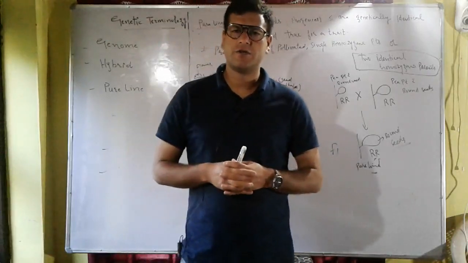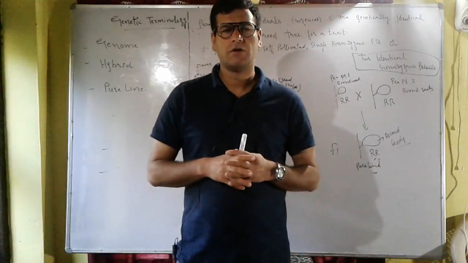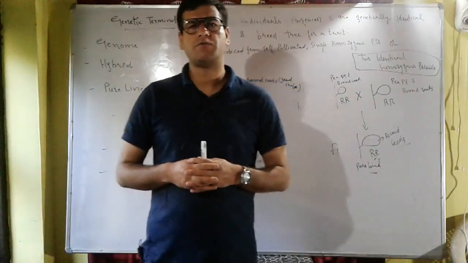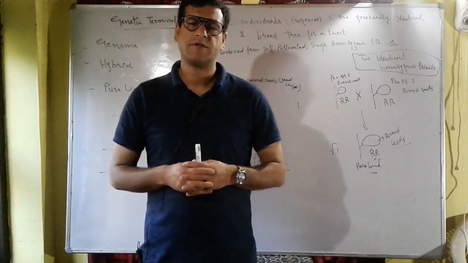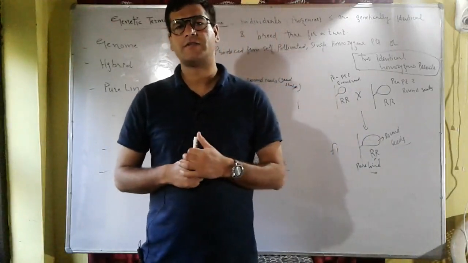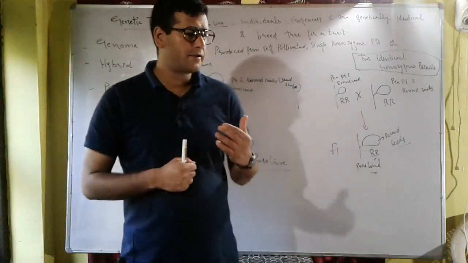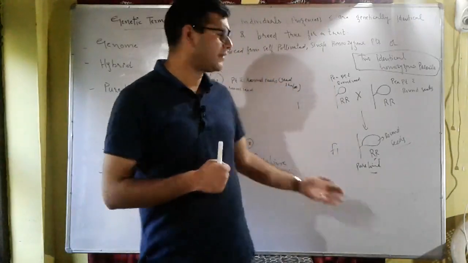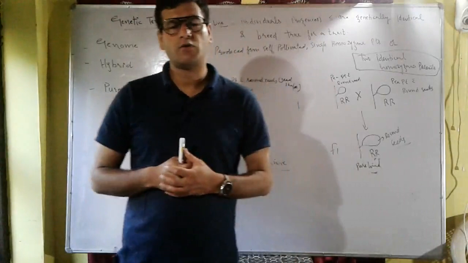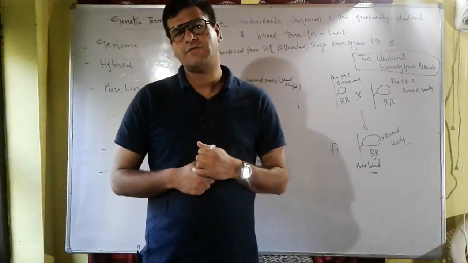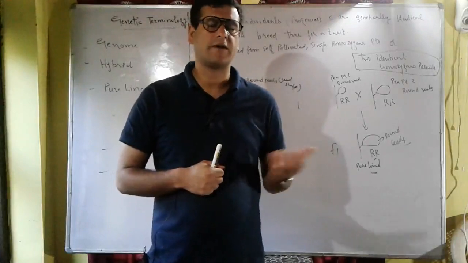Then these individuals are planted and evaluated for the desirable character. The best progeny is then released as the pure line. Remember that these pure line progenies are genetically identical to each other, as well as to their parents.